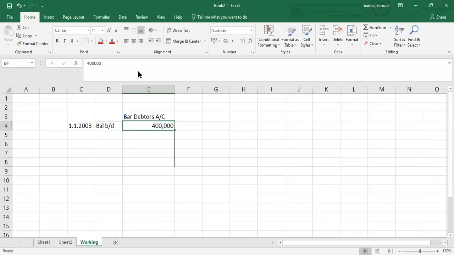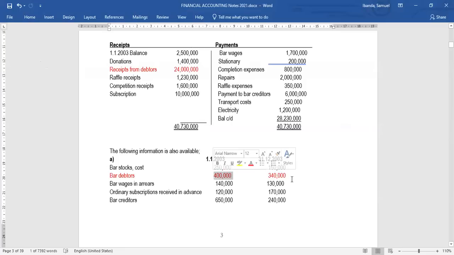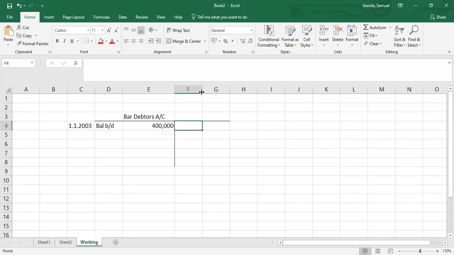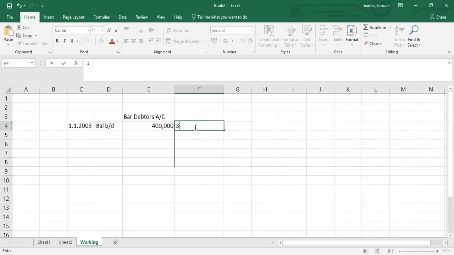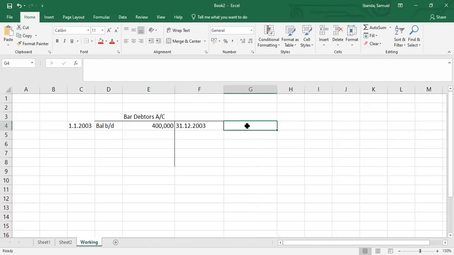The balance brought down is 400,000, as we have seen here. Then I'll also record my 340, which is the balance carried down. This is 31st December 2003. I'll record.